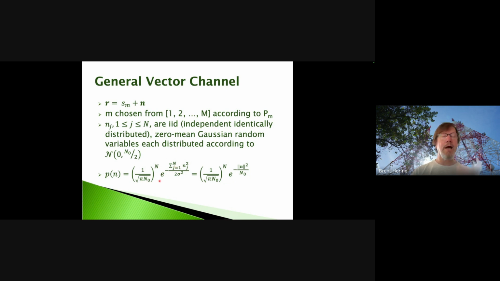All these have a common base. E here is the base, and these are all the same because they're identically distributed. They have the same variance, and it's zero mean, so that mu doesn't show up here. But they all get summed up, so we have this n_j squared and summed. We can rewrite this as the norm of these values, where the random variable is actually showing up.